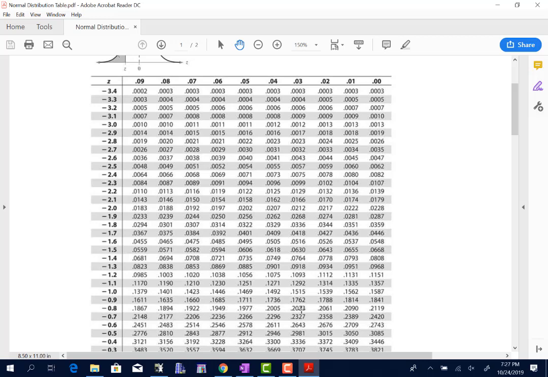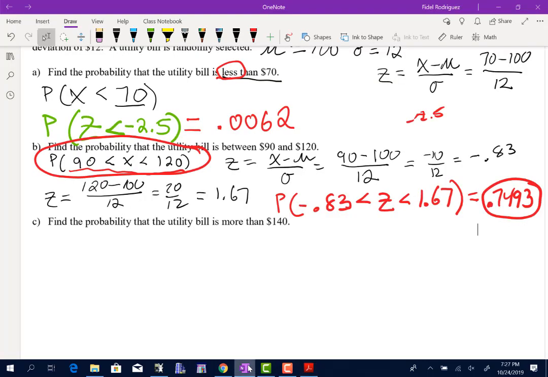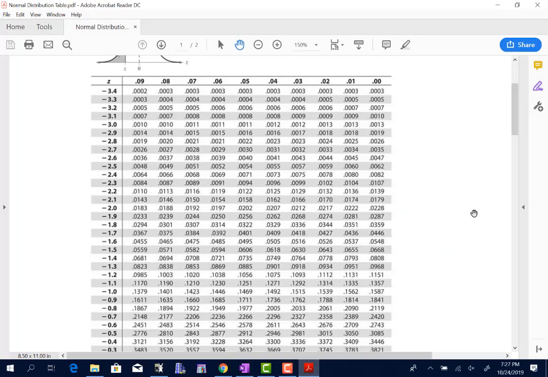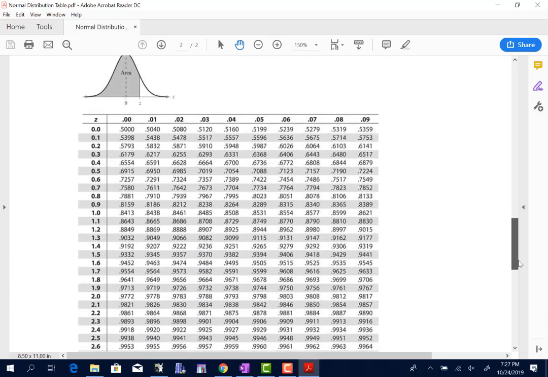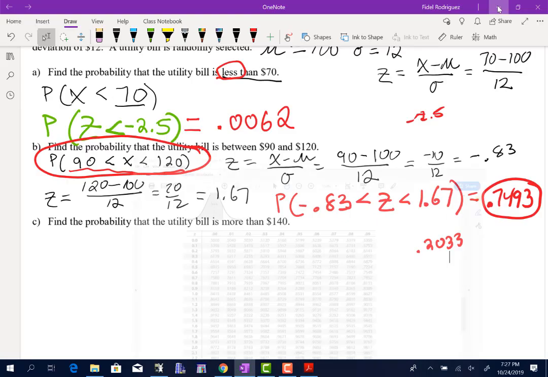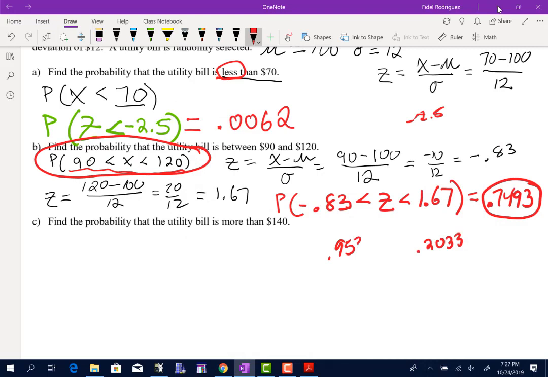I'm just going to write that down somewhere so I don't forget it. Then I would use my table to find what other value? 1.67, right? Here's 1.6, and 1.67 is 0.9525. What are we going to do with those two numbers? Subtract them. If we subtract them, do we get the 0.7493?